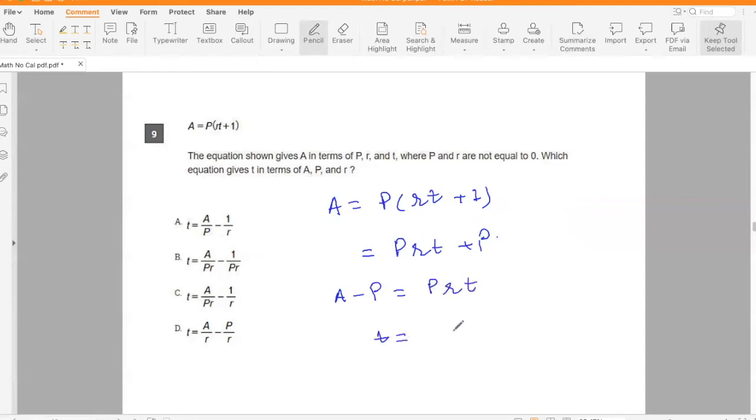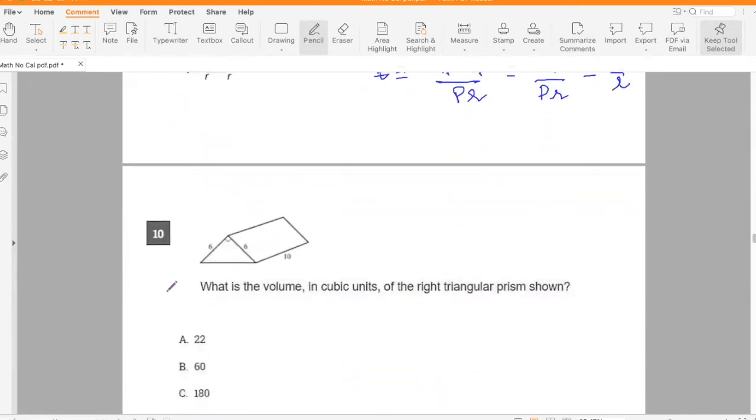So T is (A minus P) by PR. So that's A by PR minus 1 by R. A by PR minus 1 by R, option C.